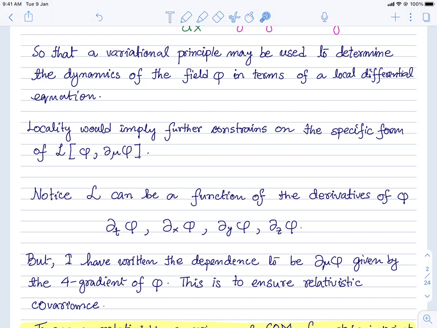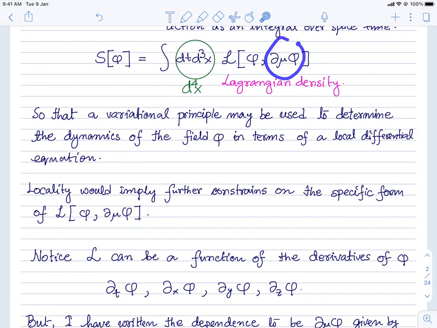They have to come together to form a nice quantity under Lorentz transformation. And as we all know, this quantity, del mu of phi, the four-gradient of the scalar field, has nice transformation properties. It transforms as a covector.